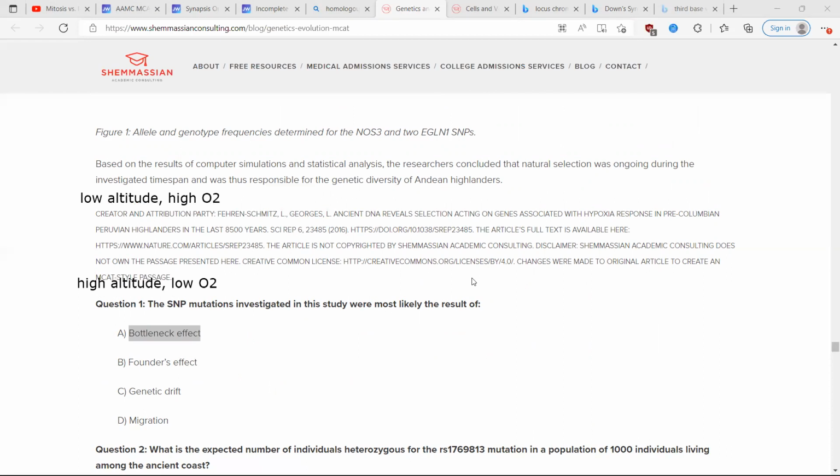Here's the problem with low diversity. All of these things can relate to low diversity. The founder effect is also low diversity. The genetic drift is also low diversity. Migration could lead to low diversity. So we're looking for a very specific word that's going to allow us to decide that this is right or this is wrong, right?